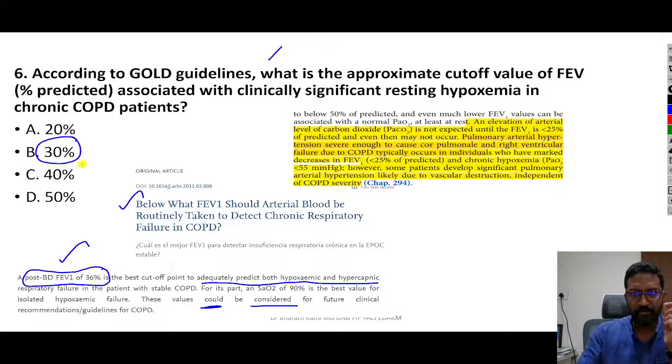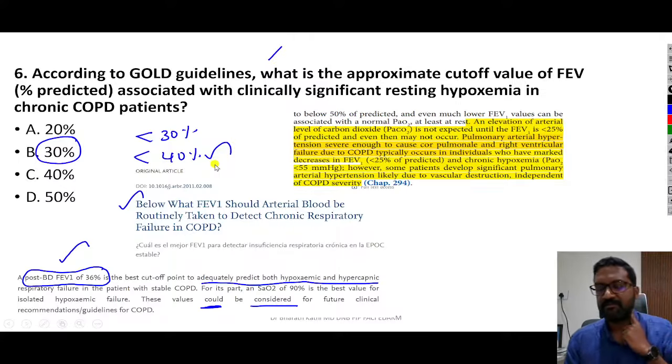Or what was the option given? Was it like less than 30% or less than 40%? This I want, because if they say FEV1 40%, it does not fall in this range of 36%. If they say FEV1 less than 30%, okay, this can be included. If they have told FEV1 less than 40, then this can be taken as the answer.